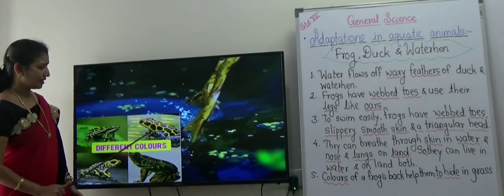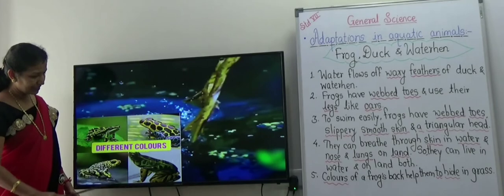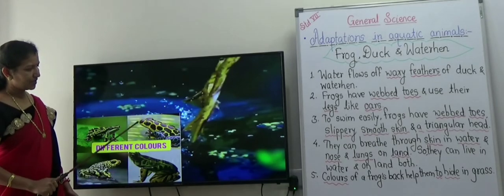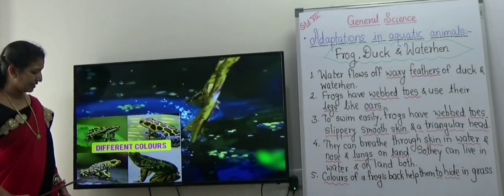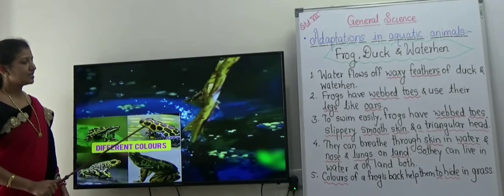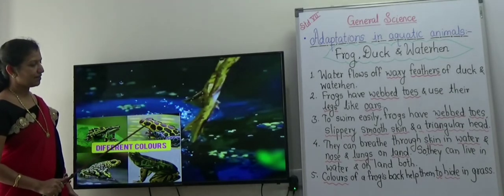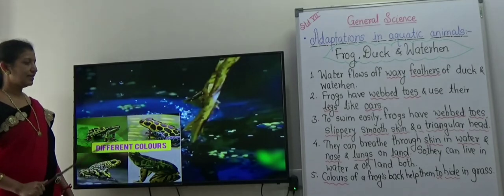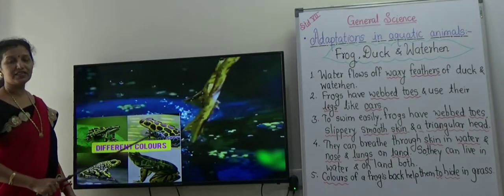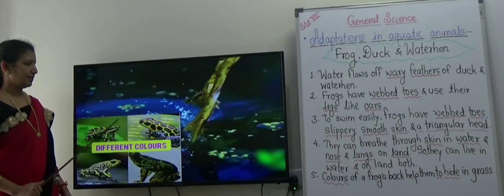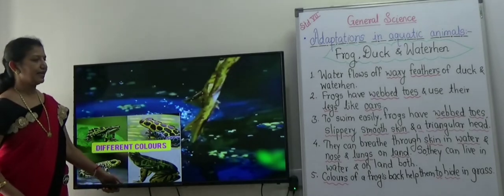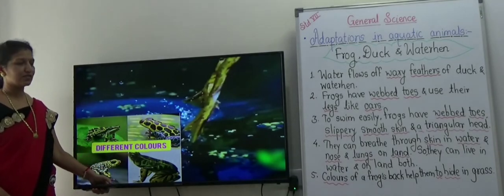If there is green grass, they can hide easily in that green grass. If there is yellow grass, they can hide easily in that yellow grass. In this way, their back has a protective feature of different colors. In different areas, different colored frogs are found.